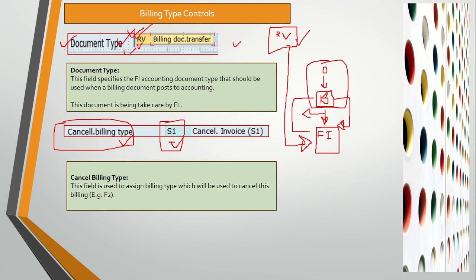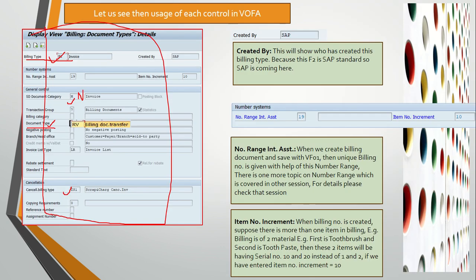So which billing it is cancelling has to be assigned. For example, this is F2 billing. If this F2 document type is cancelled, then this S1 cancellation billing document type, here it is showing ZS1 because I have used ZS1 instead of S1, not using the standard one, just a copy of S1.